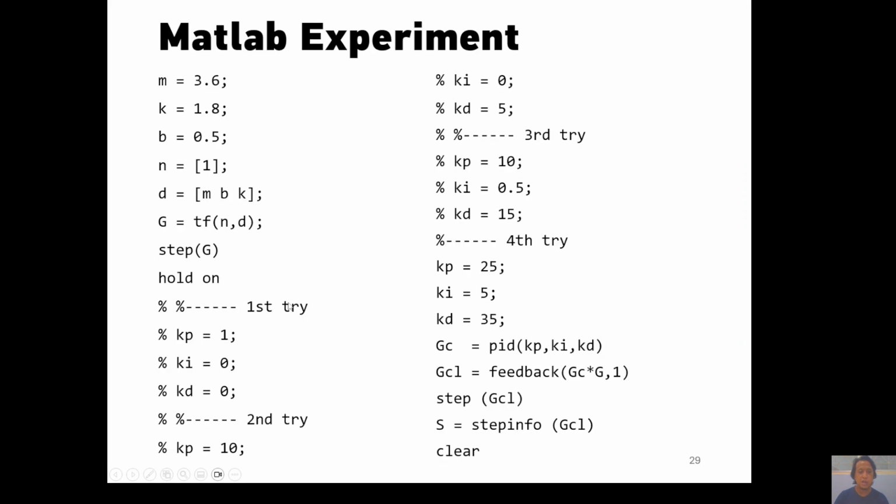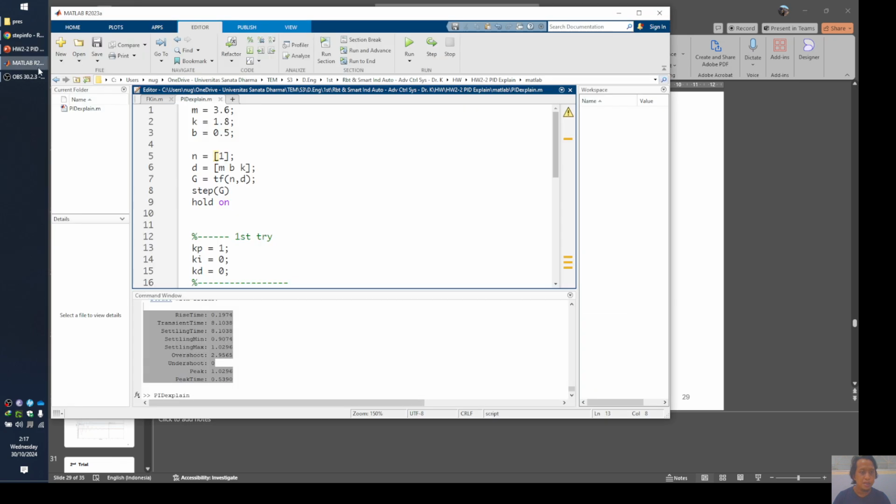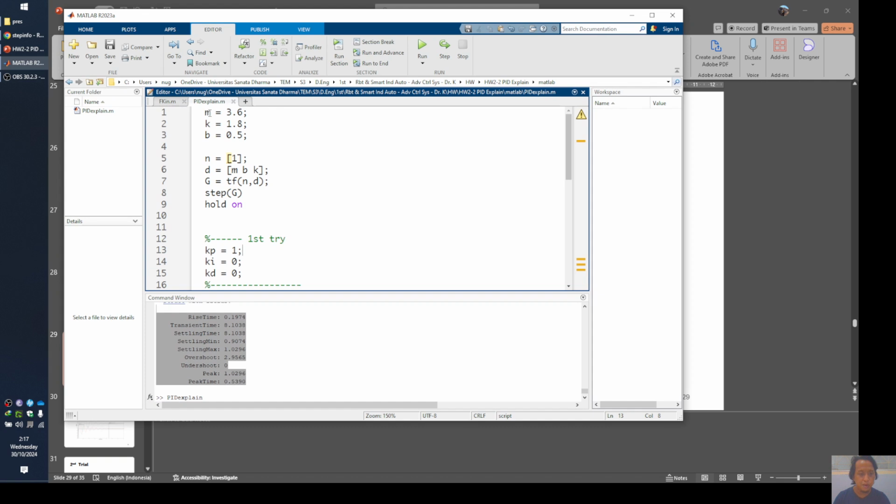Okay, I will show the MATLAB experiment. This is the experiment I used in MATLAB. We define the mass M as 3.6, K as 1.8, and B as 0.5. This is the numerator and this is the denominator, and G is the transfer function of num and den.